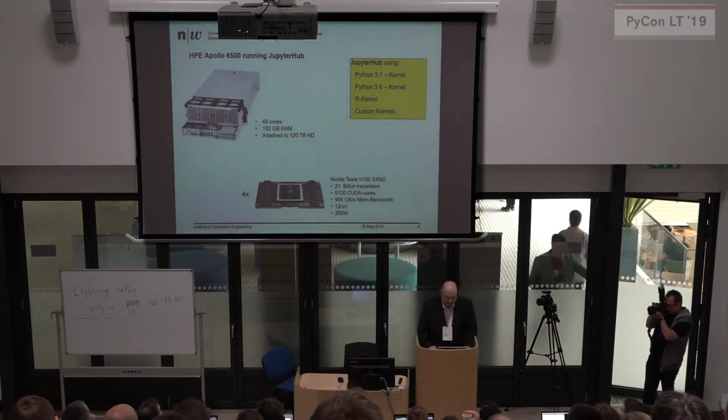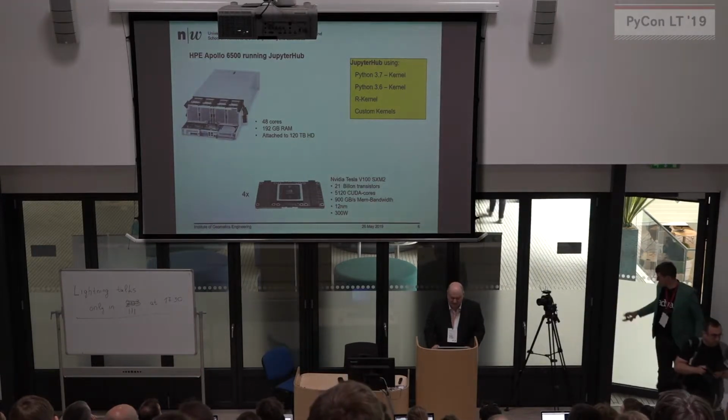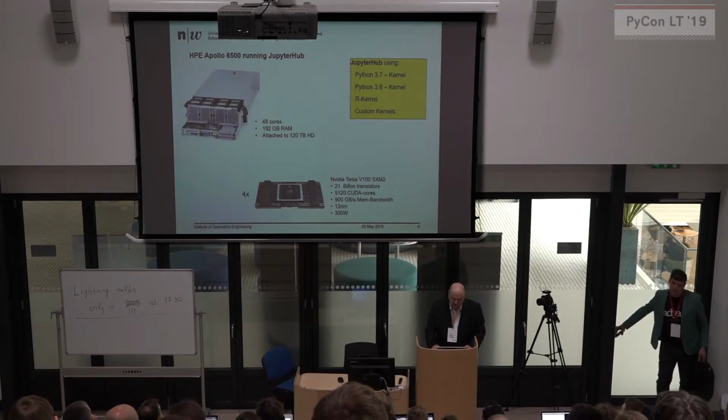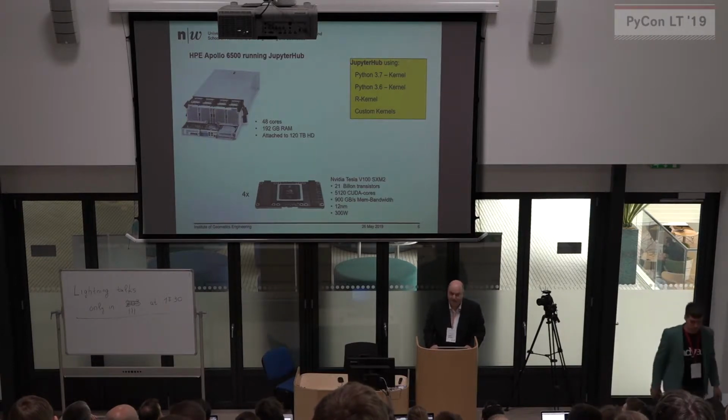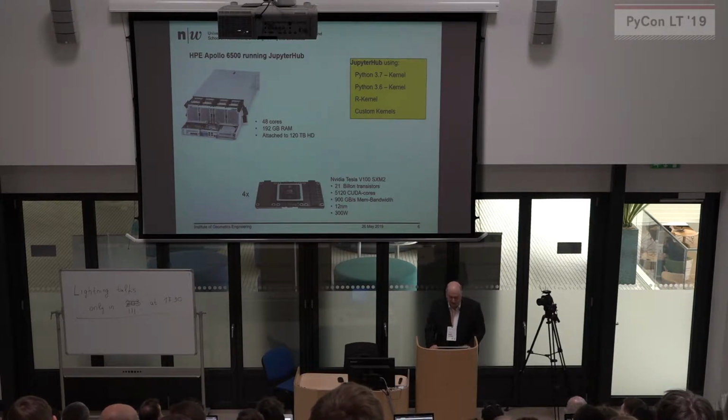We recently got an HPE Apollo 6500. It's extremely expensive, this server, running with 48 cores and 192 GB of RAM. And we also have 4 NVIDIA Tesla V100. It's the SXM2 version. It can be upgraded to 8 of these graphics cards, but for the first tests we only use 4.